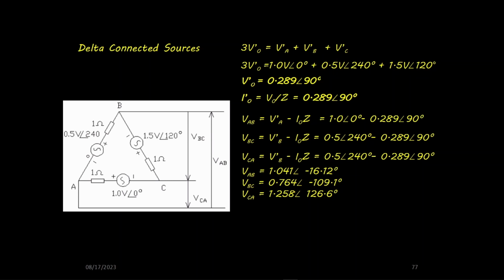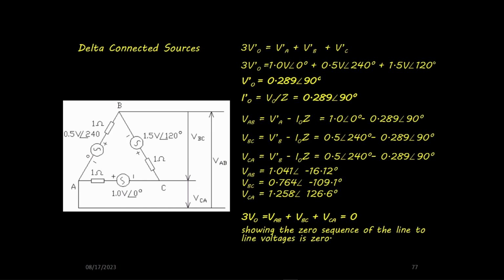Calculating the zero sequence voltage of the line-to-line voltages, 3V0 equals VAB plus VBC plus VCA equals 0. This shows the zero sequence of the line-to-line voltages is 0.